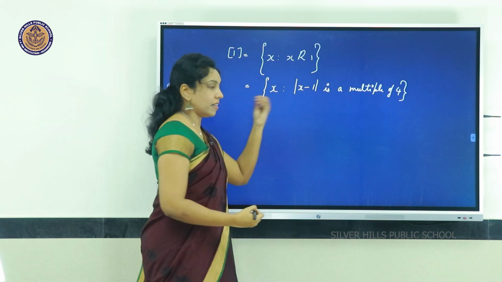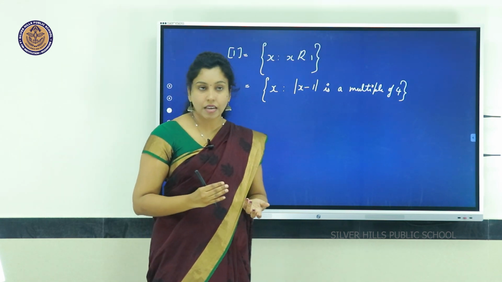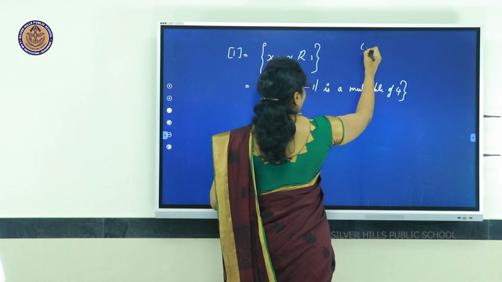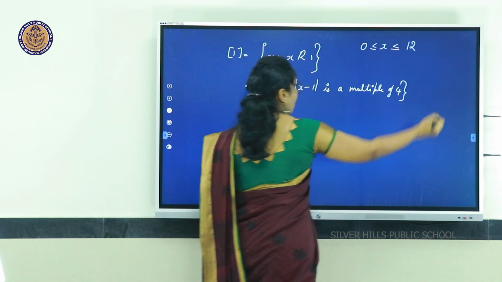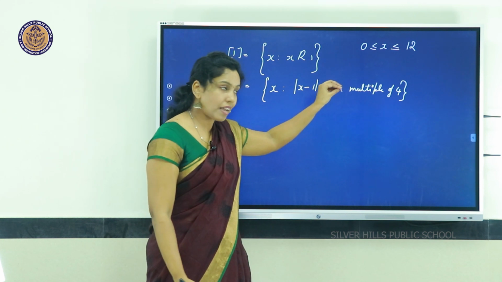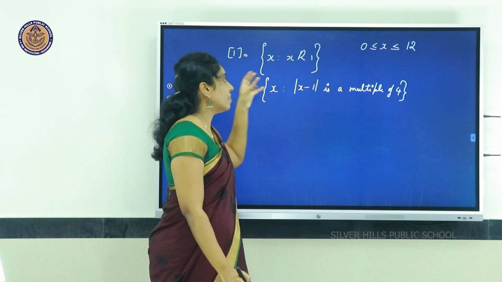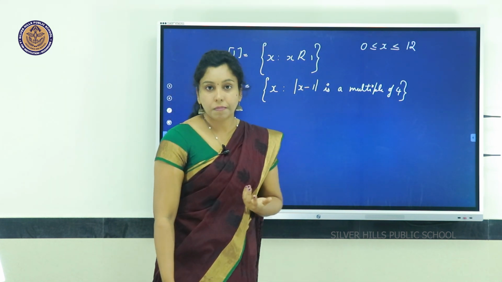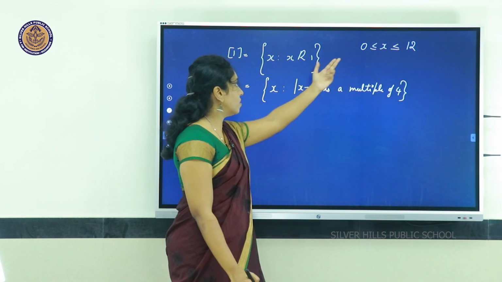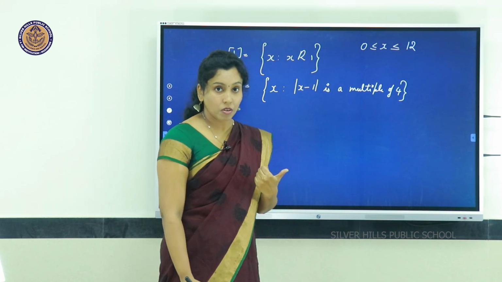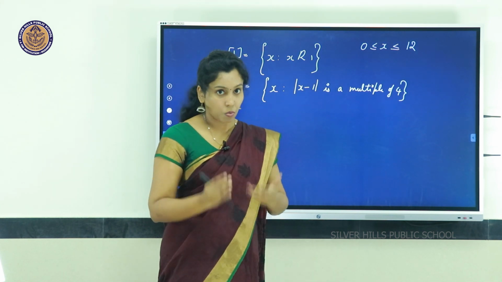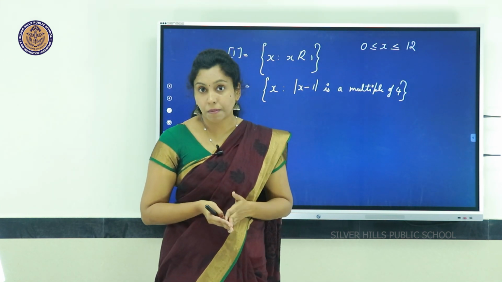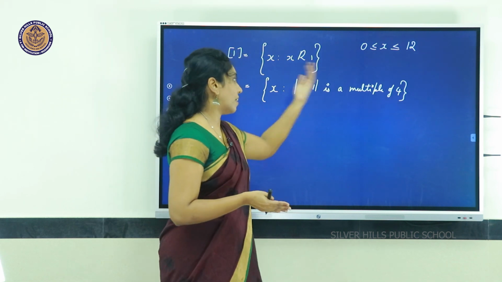So, we are going to select x. From where do we select x? In the question it is given x is an integer that lies between 0 and 12. So, we will substitute here and then check which is a multiple of 4. So, let us start with 0. Suppose I substitute 0 here, modulus of 0 minus 1 is 1. So, we do not say 1 is a multiple of 4. So, we try the next member.